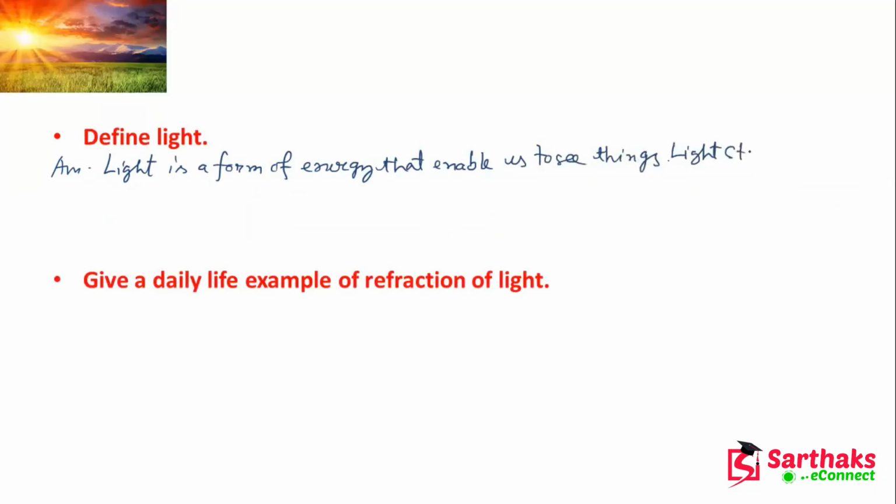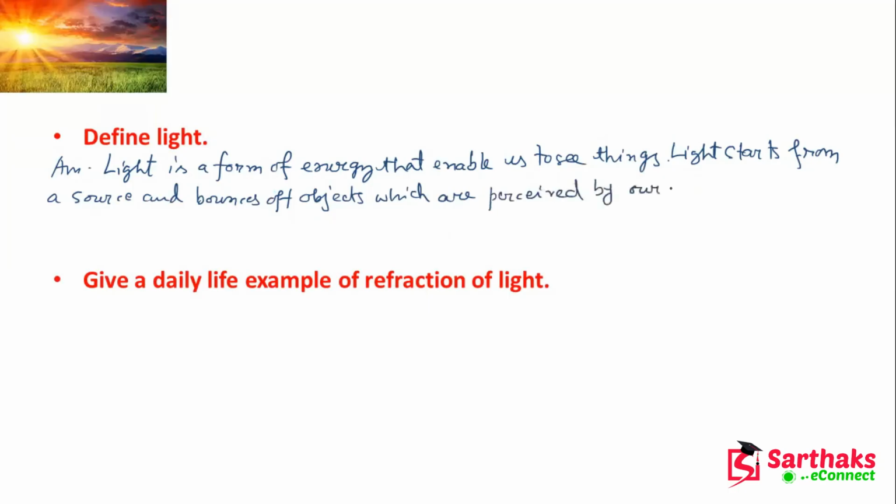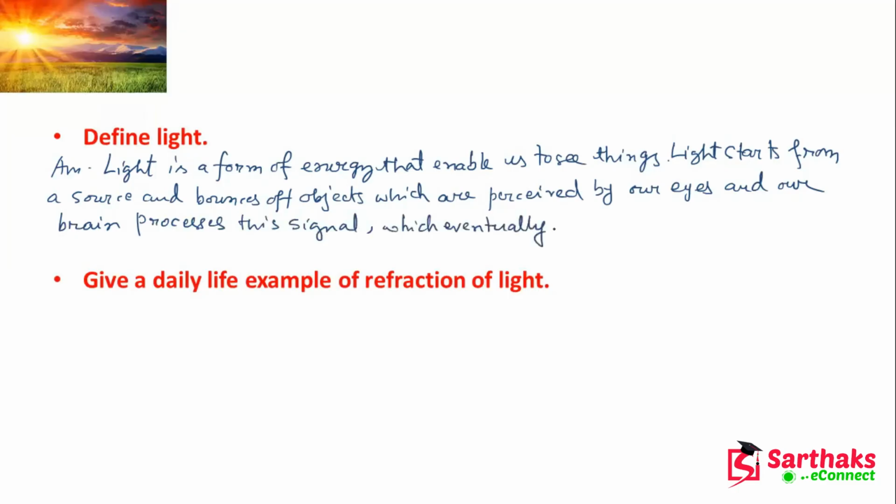Light starts from a source and bounces off objects, which are perceived by our eyes, and our brain processes this signal, which eventually enables us to see.